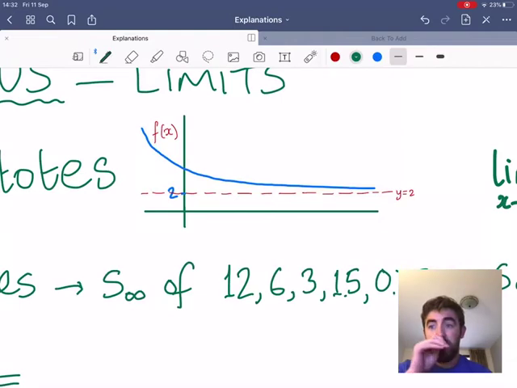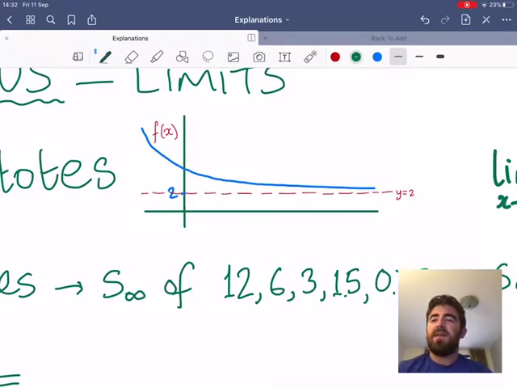And as normal, this line will be tending towards this dotted line y equals 2. You may have used language like it gets closer and closer to the asymptote but never touches it. It gets infinitely close to it, and that's the language that you're going to see quite often in limits.